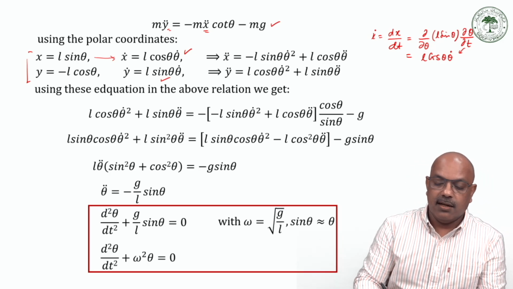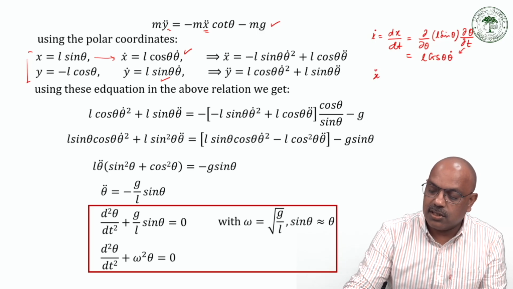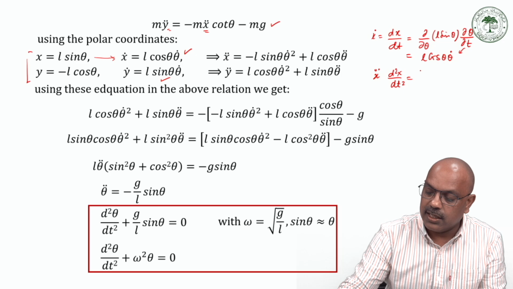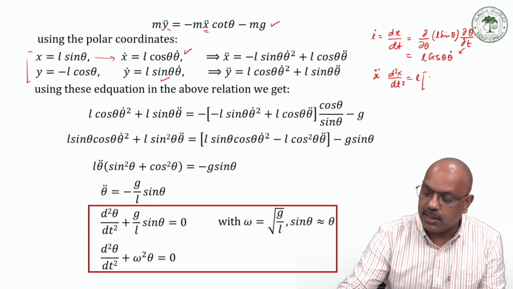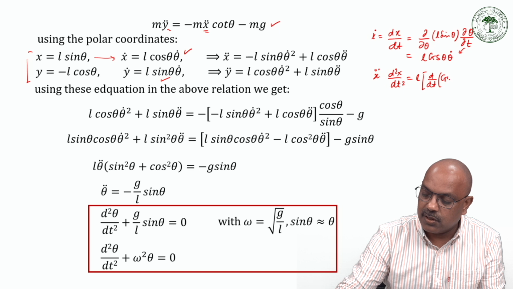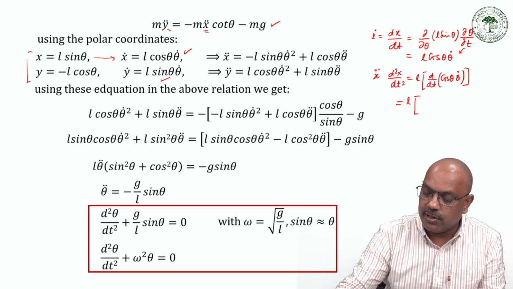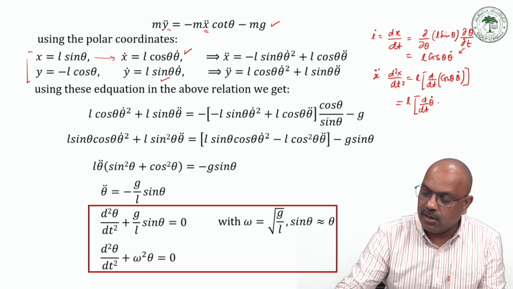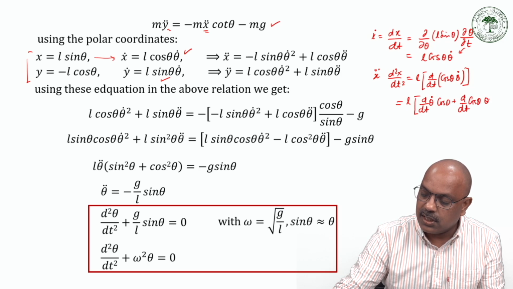Then we again differentiate it. That is x double dot, d2x by dt square. I can take L common, and then d dt of cos theta and theta dot. So you have L times d dt of theta dot keeping cos theta constant, plus d dt of cos theta and then theta dot.